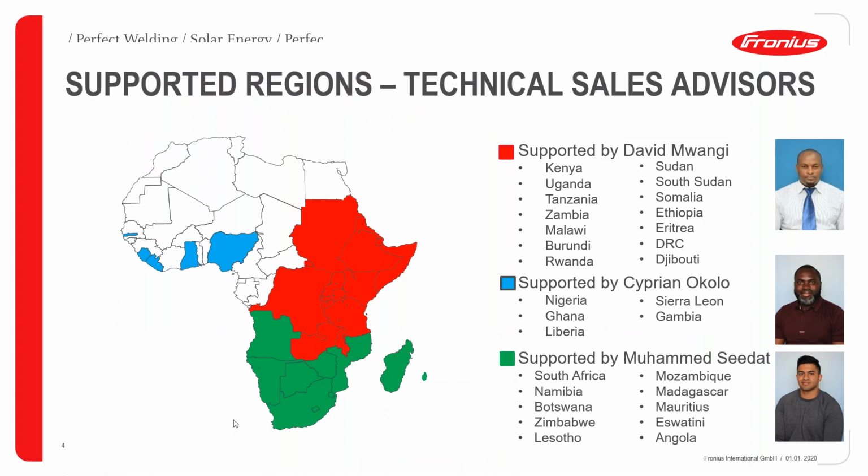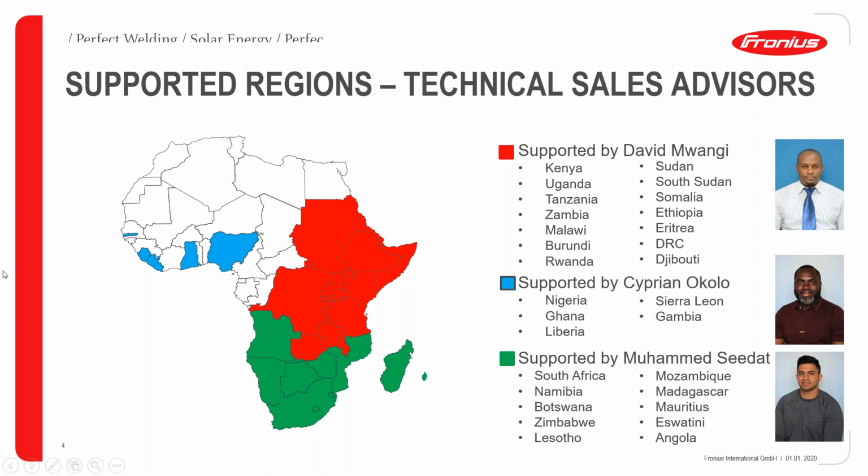Just to give you more information on the regions that we are each responsible for. My colleague David is responsible for all the countries indicated in red in the picture. That's the majority of the Eastern African countries, as well as certain Central African countries and certain Southern African countries.